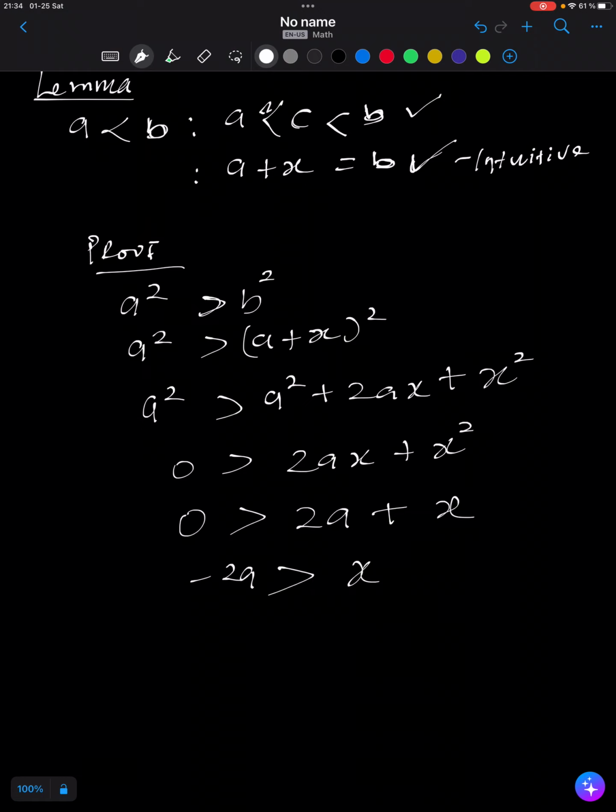So this second one feels more intuitive, that there's a number that I add to a to give me b, and then we substitute that in here, and then we whittle it down to x is less than minus 2a.